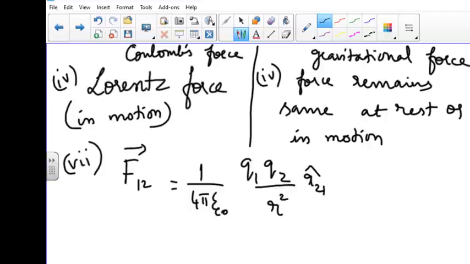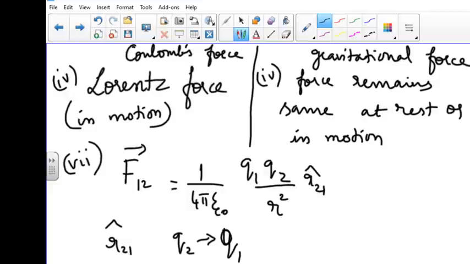So it is the force on the charge q1 by the charge q2. That's why we change this pattern. Here r21 cap is a unit vector from q2 to q1.